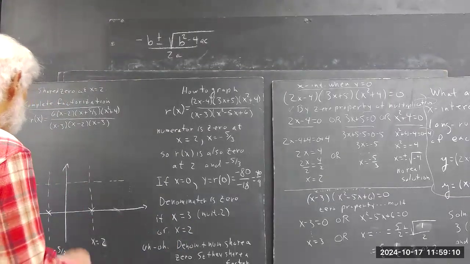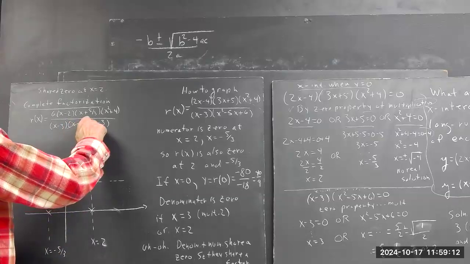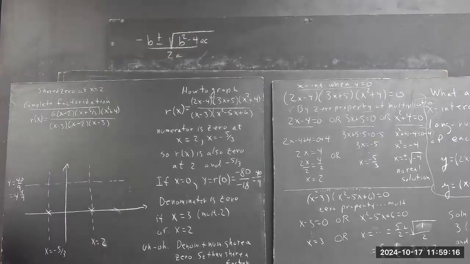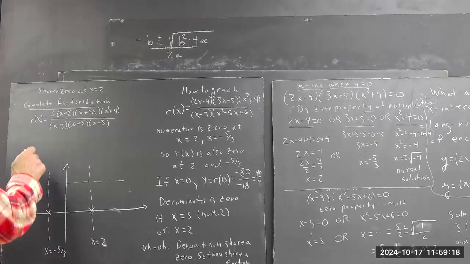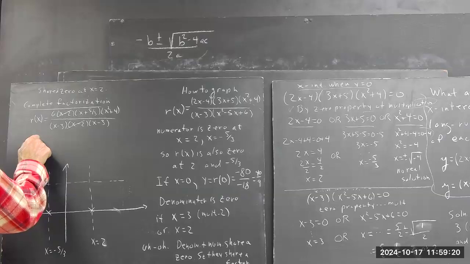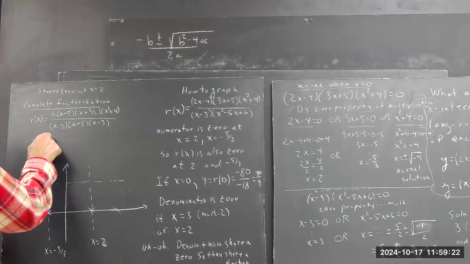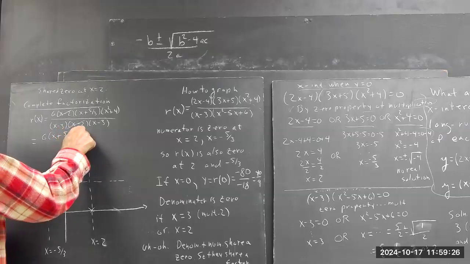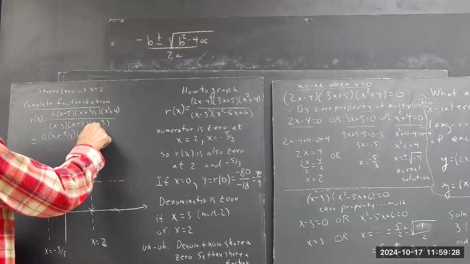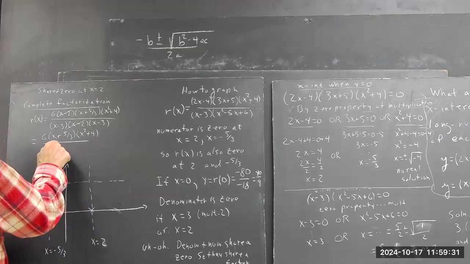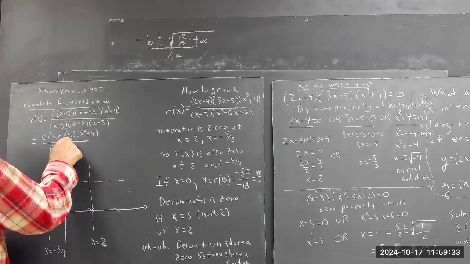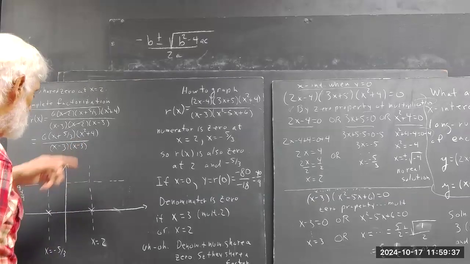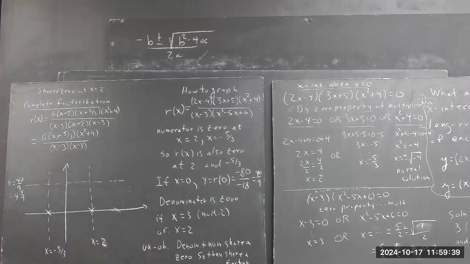Now that we have this, the x minus 2 can divide the x minus 2, okay? This equals 6 times x plus 5/3 times x squared plus 4 over x minus 3 times x minus 3, which we could write as x minus 3 quantity squared.